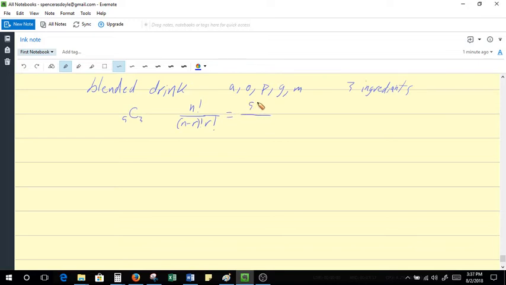So that's going to be 5 factorial, 5 minus 3 factorial, 3 factorial. So again, didn't want to write it all out. That's a waste of time. We cross those 3's. 2 factorial is actually just 2. So what we're going to get is 20 over 2, which is equal to 10. There are 10 different ways to make our blended drink.